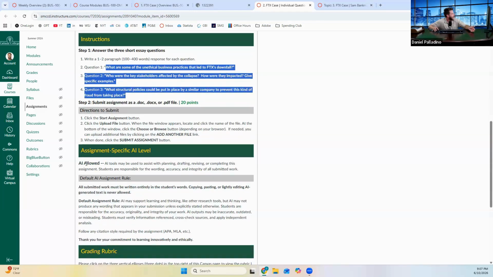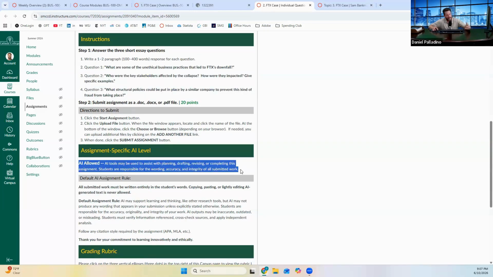You can see I am allowing you to use AI to shape your thoughts, but it should by all means not sound or look like AI. No M dashes, no pulling random facts from the internet. Only use facts that you read from the case that you understand. You do have to be able to speak to what you write.